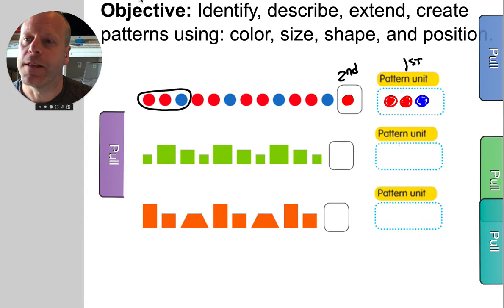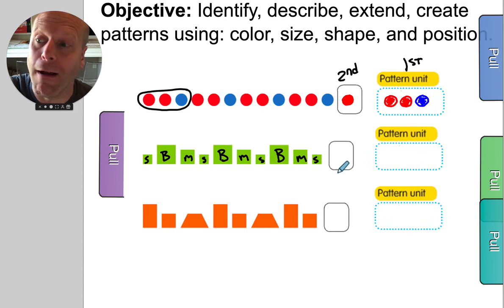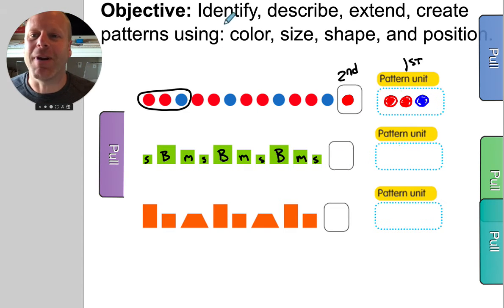Let's try it. This time we don't have colors to work with. They're changing the size. So I'm going to say small, big, medium. And then it does it again. Small, big, medium, small, big, medium, small. I guess you could do this, right? You just have to make sure you're using the right color.